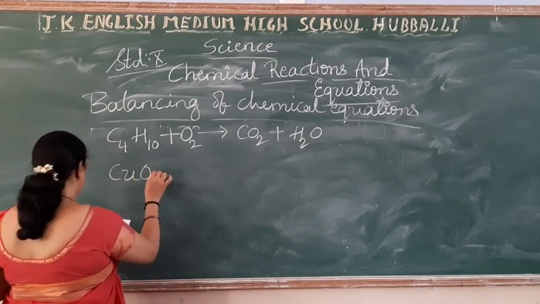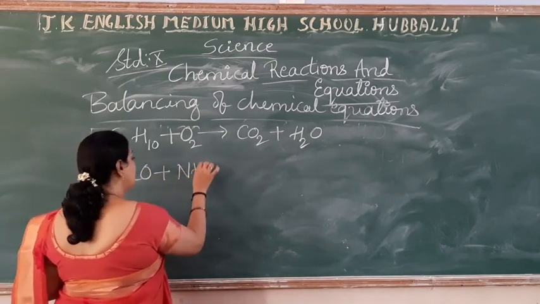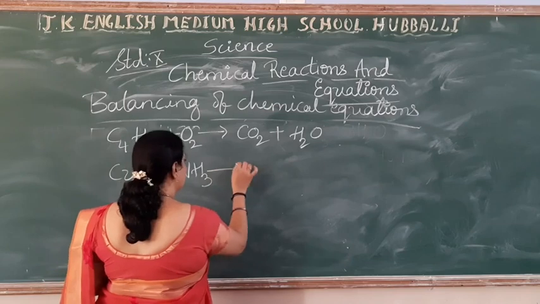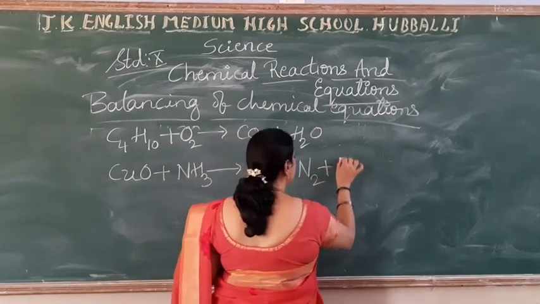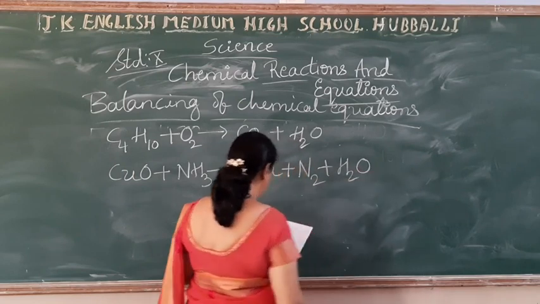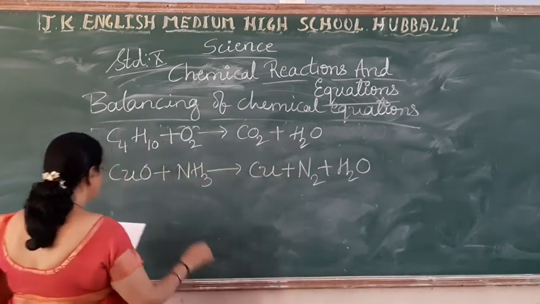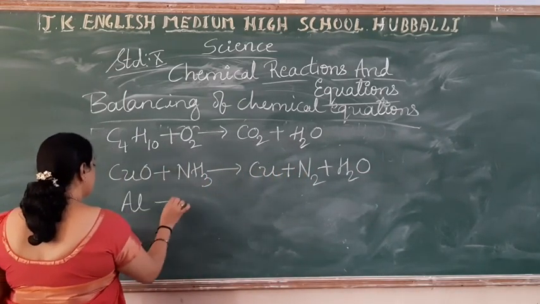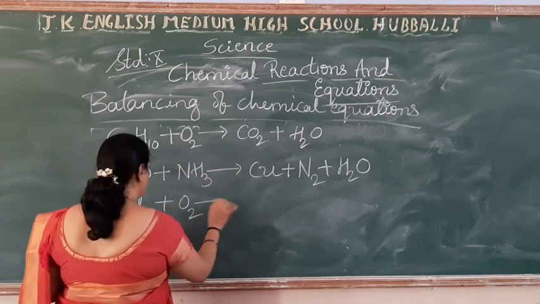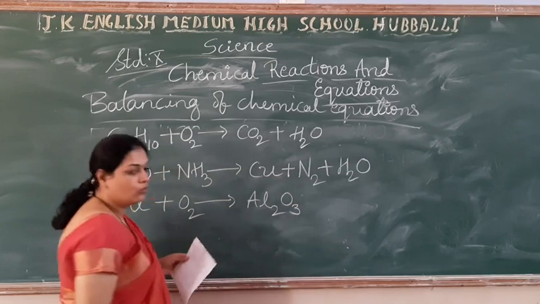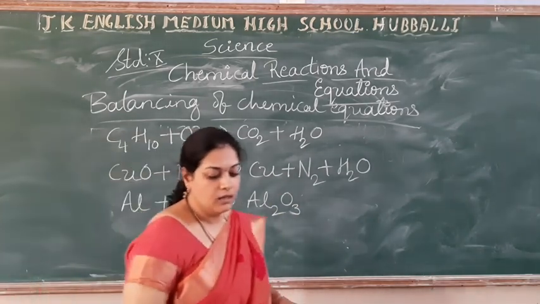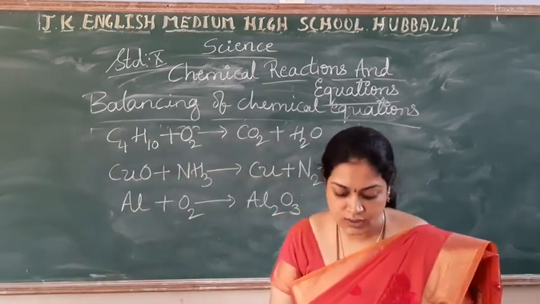Next one, CuO plus NH3 gives Cu plus N2 plus H2O. Right? Al plus O2 gives Al2O3. Balance these equations, students, as your home assignment.